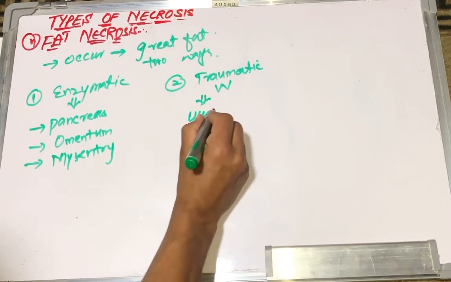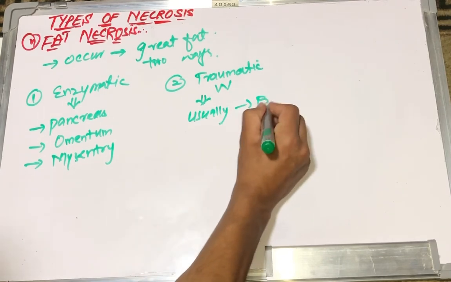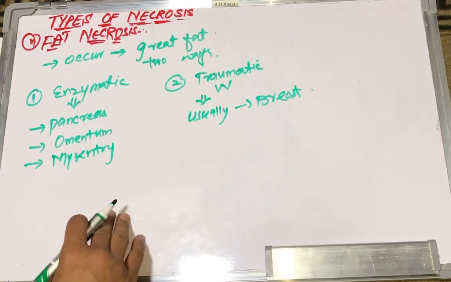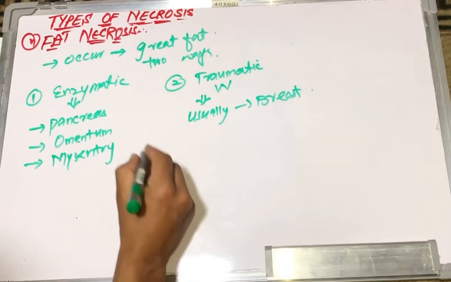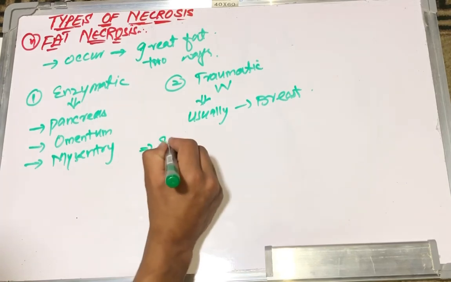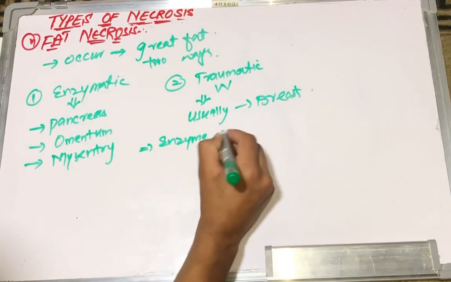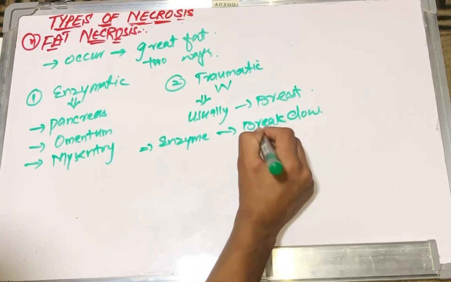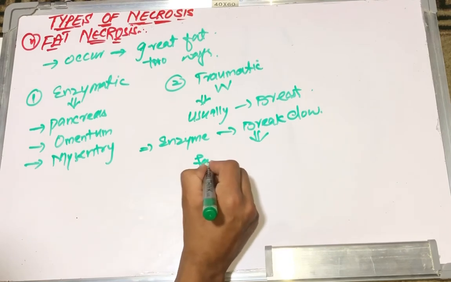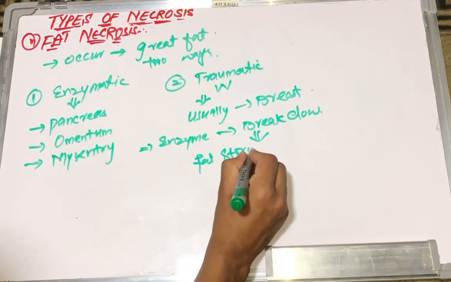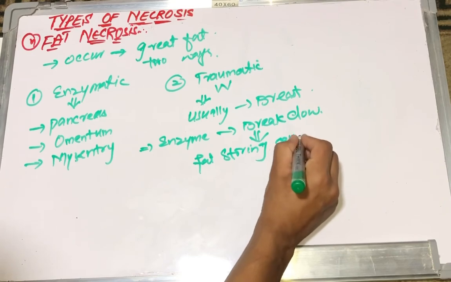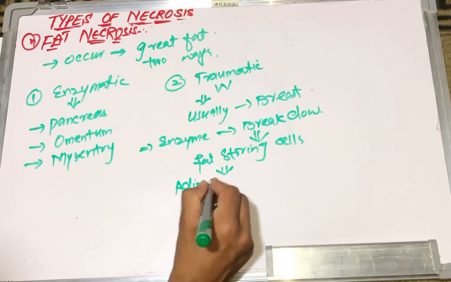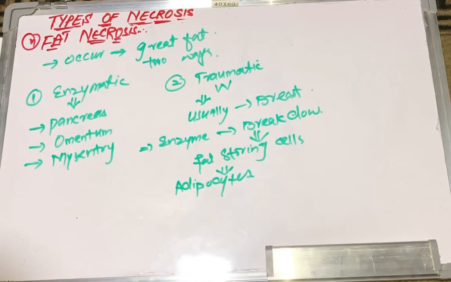Enzymes break down the fat storing cells, which are usually adipocytes.